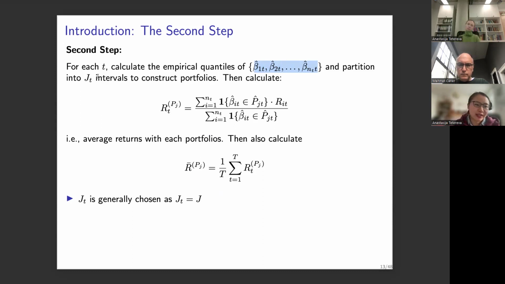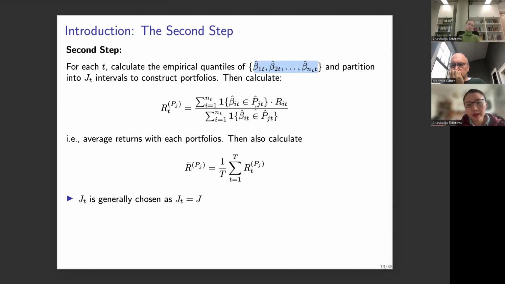Ten is also a rule of thumb in the empirical literature. Once we have ordered the betas, and also ordered the stocks, with 10 portfolios, we can sort those stocks according to the ranks of betas.